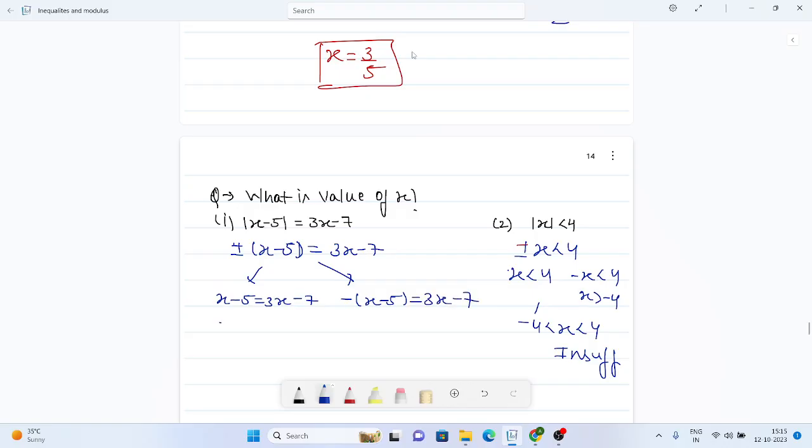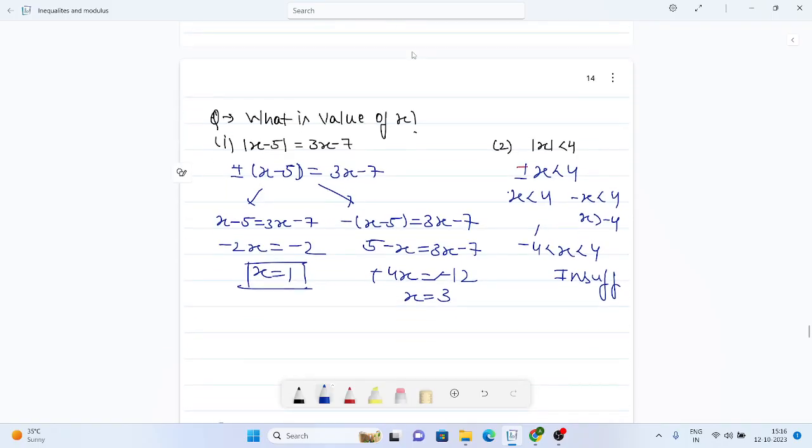So from here you got minus 2x equal to minus 2, or x equal to 1. When you solve the other, you got 5 minus x equal to 3x minus 7, or minus 4x equal to minus 12. So here you got x equal to 3.